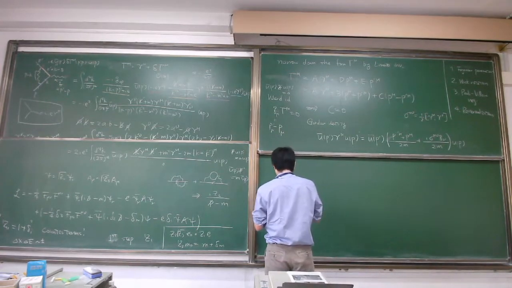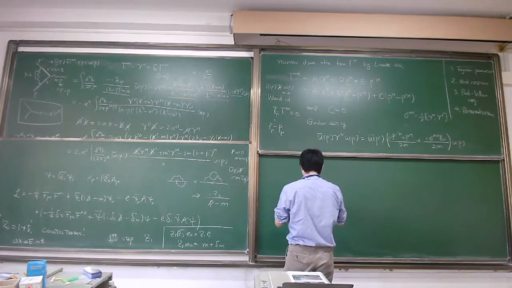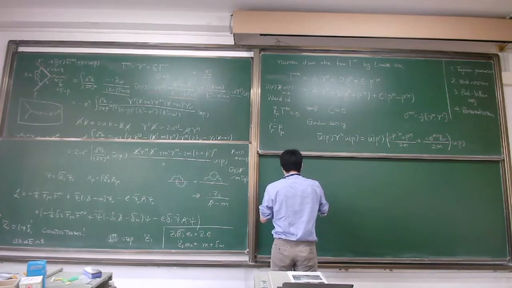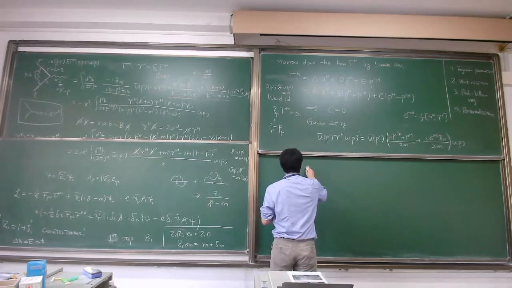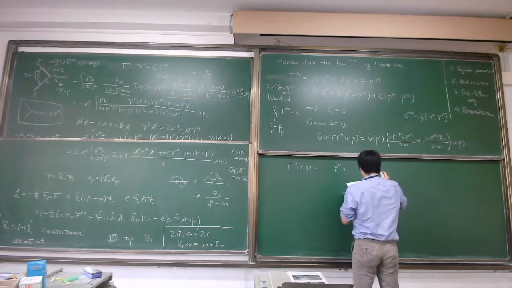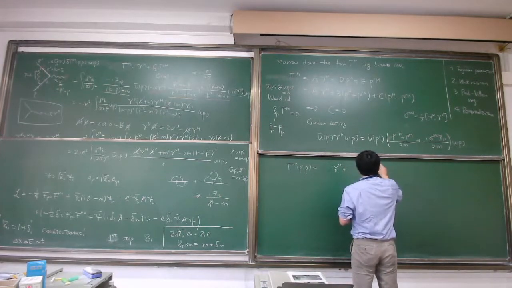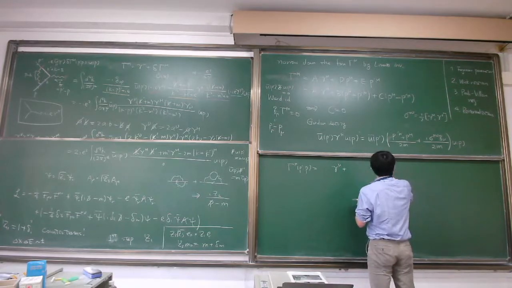So at the end of the day, we can just write γ^μ of p', p is equal to something proportional to γ^μ plus something proportional to σ^μν q_ν divided by 2m.